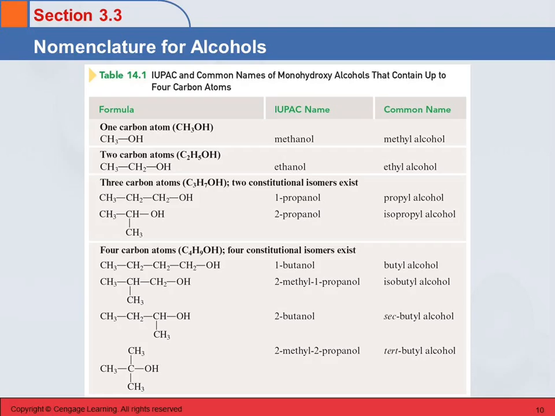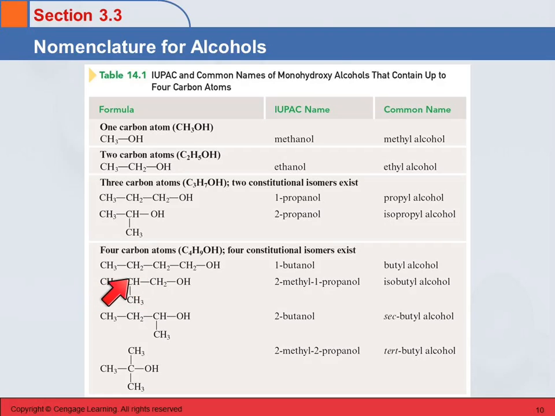4 carbon atoms, as we get a higher number of carbon atoms, we get more isomers. So here's a straight chain. That's 1-butanol with the alcohol on the end. We can also have 2-butanol. That doesn't look like a straight chain, but it is. The carbons are just in a row. The difference is the hydroxyl group is on the 2nd carbon. Here we have a branched chain.